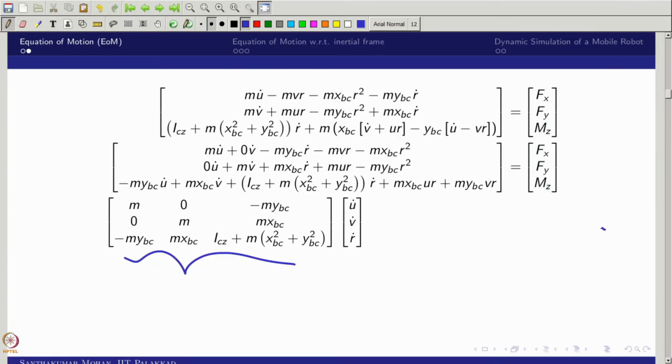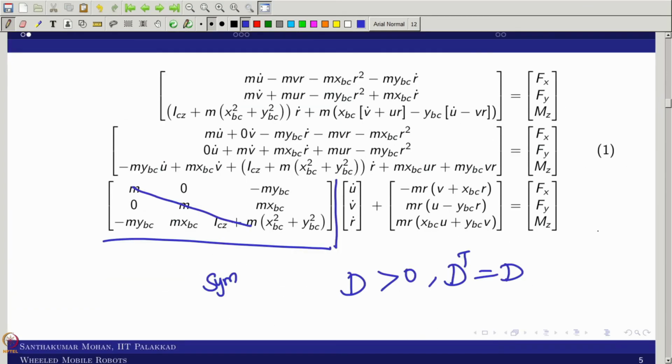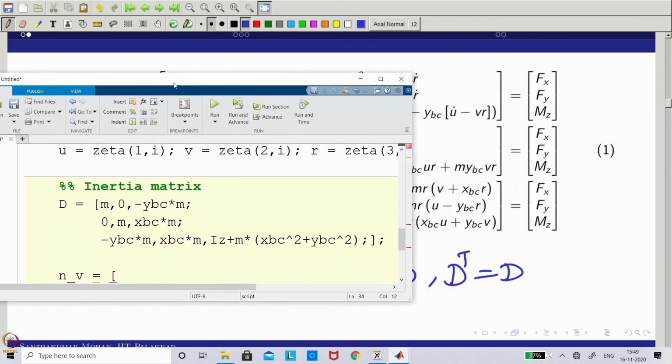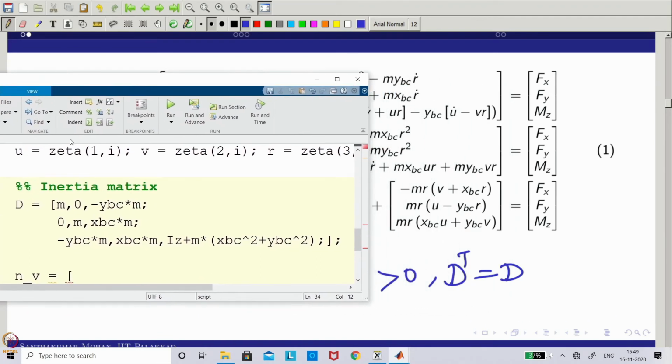Okay, that vector is... So this is the n vector, where you can see there is a Coriolis term and as well the radial term. So I'll use that. I hope you are able to see my screen. So which is m into r, multiplied with v plus xbc into r.